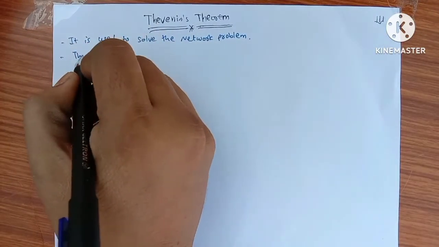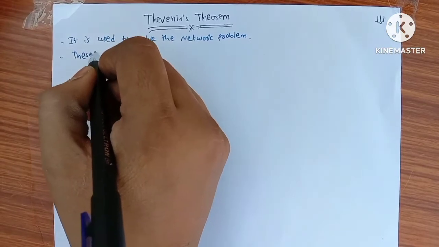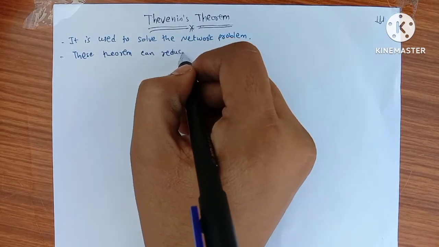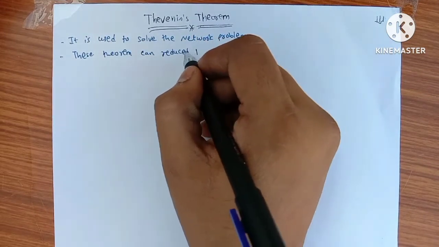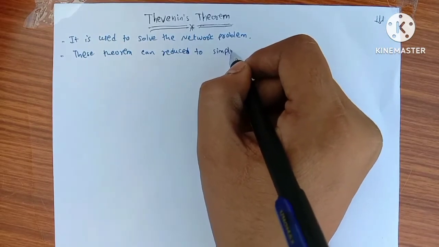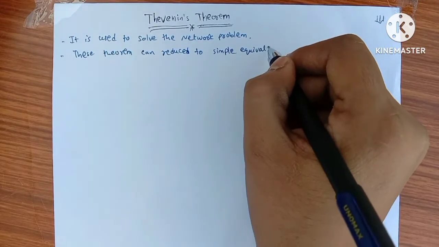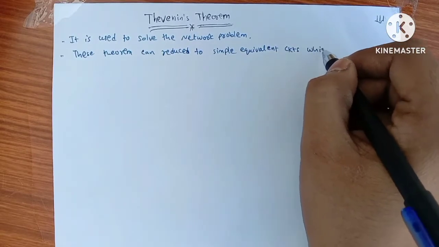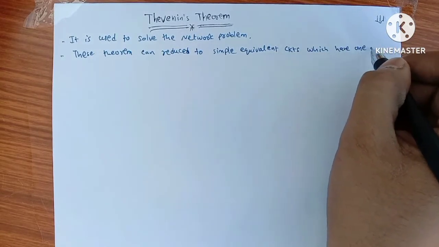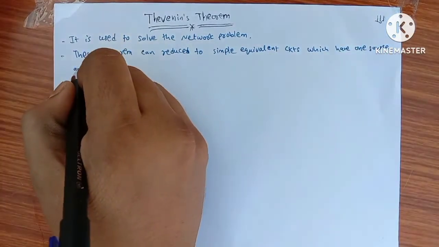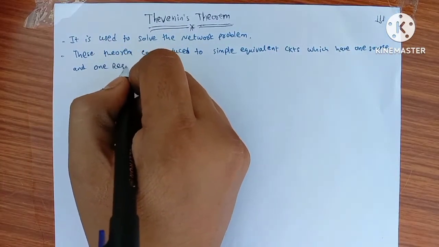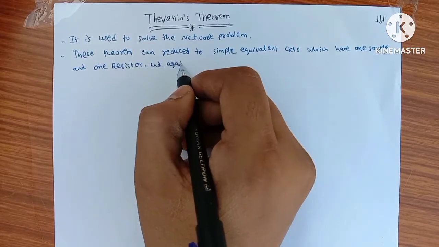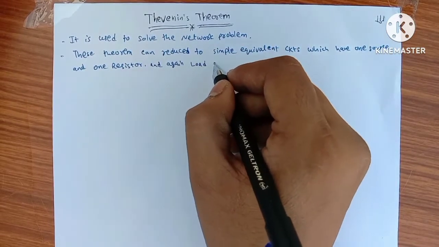This theorem can reduce to simple equivalent circuits which have one source and one resistor, and again load resistor is connected through it.